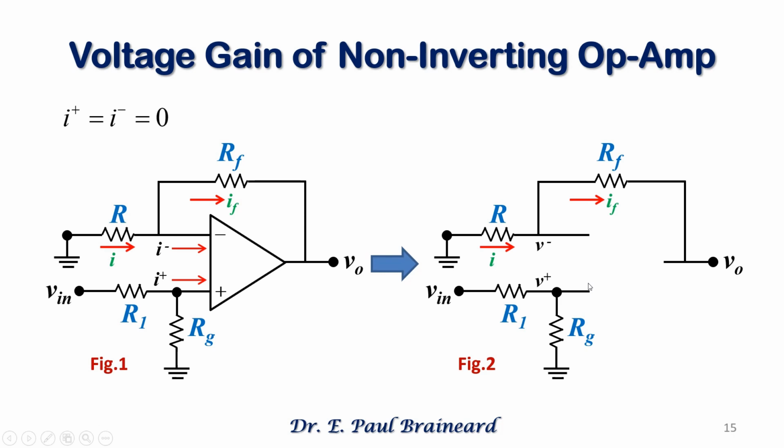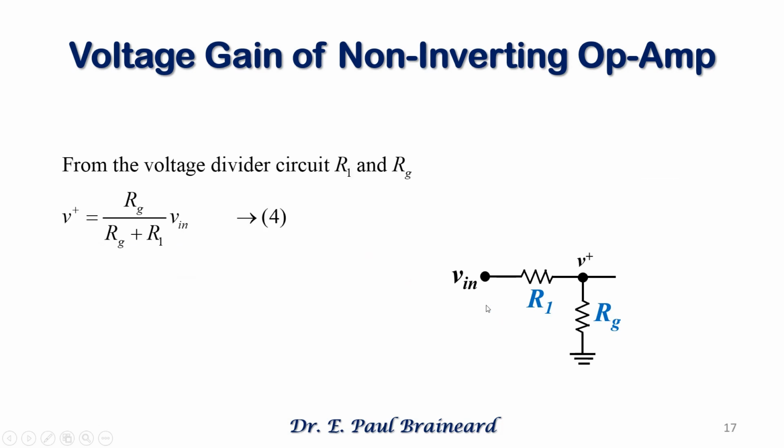Now we need to relate V in dash with V in. Basically, it is a voltage divider circuit. From the voltage divider circuit of R1 and Rg, if you give a notation of V plus for this, then V plus is nothing but Rg by Rg plus R1 into V in.